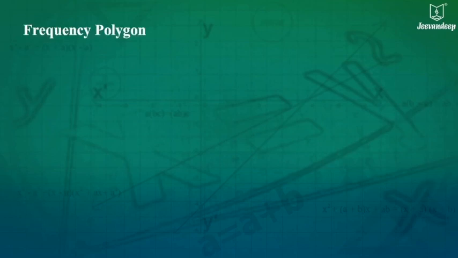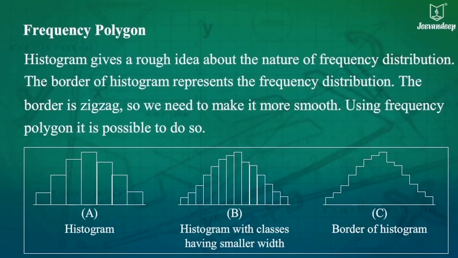Frequency polygon. Histogram gives a rough idea about the nature of frequency distribution. The border of the histogram represents the frequency distribution. The border is zigzag, so we need to make it smoother. Using a frequency polygon, it is possible to do so.